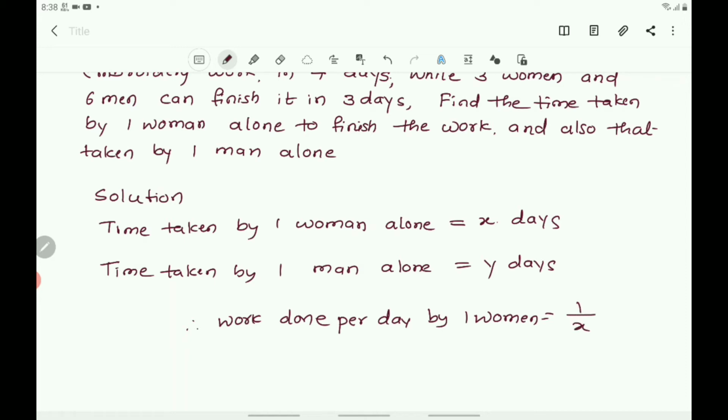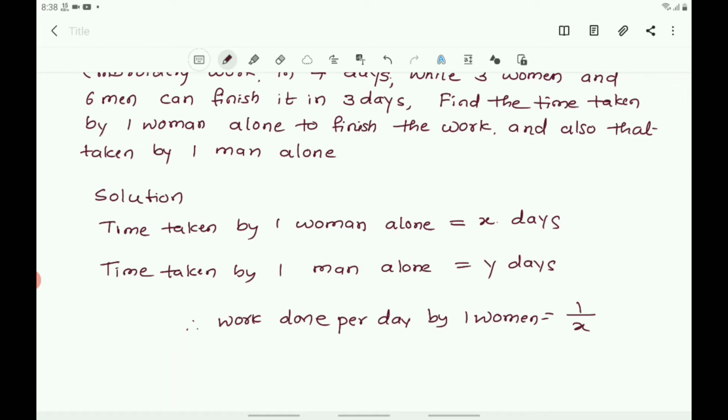Here if she takes 2 days means 1 by 2 part of the work will be done per day, or if she takes 3 days, 1 by 3 part of the work completes per day, or if she takes 4 days, 1 by 4 part of the work completes per day.